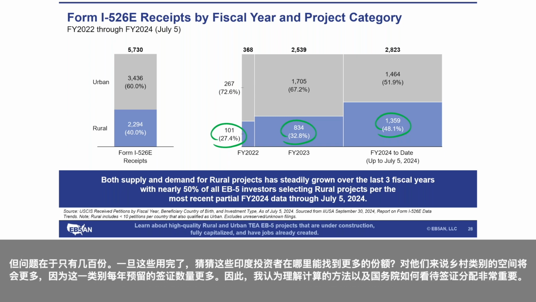The problem is we're talking about a few hundred. Once those are used up, guess where there's going to be a lot more room for those Indian investors. There's going to be a lot more room in the rural category because there's more visas there allocated every year.